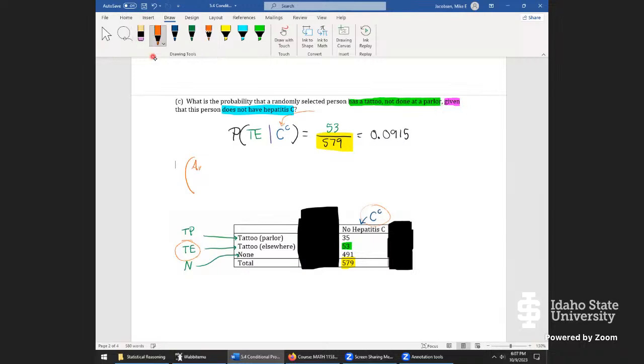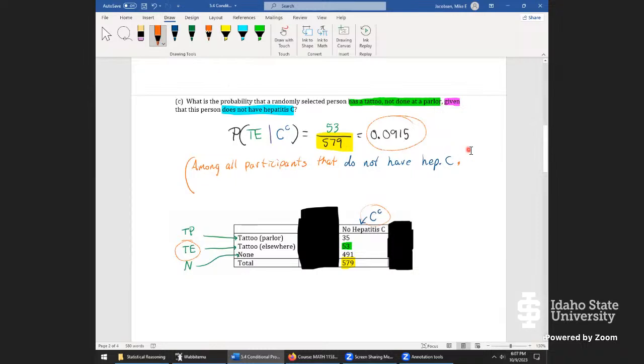Let's say among all participants that, then right here, let's just say do not have hepatitis C. I'll abbreviate hepatitis to just hep, so hep C. Now, next thing to look at, I'll say the probability as a percentage chance.